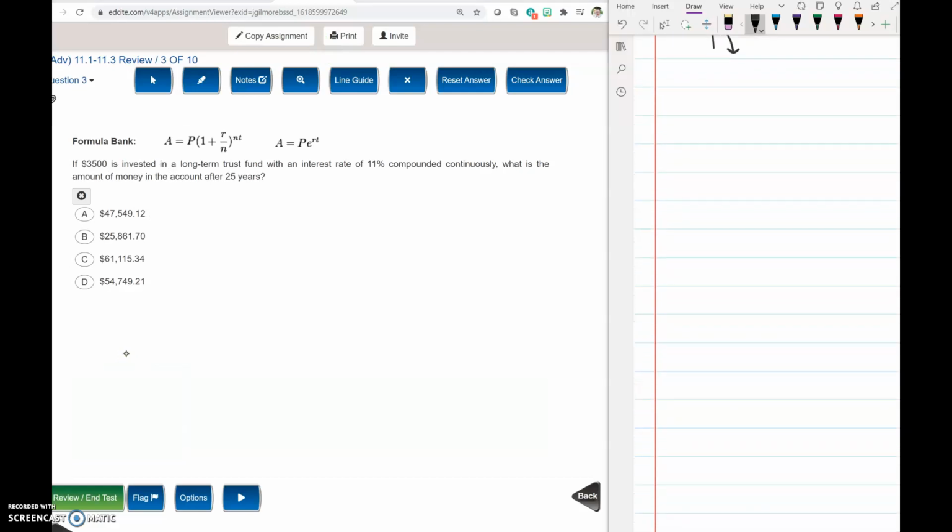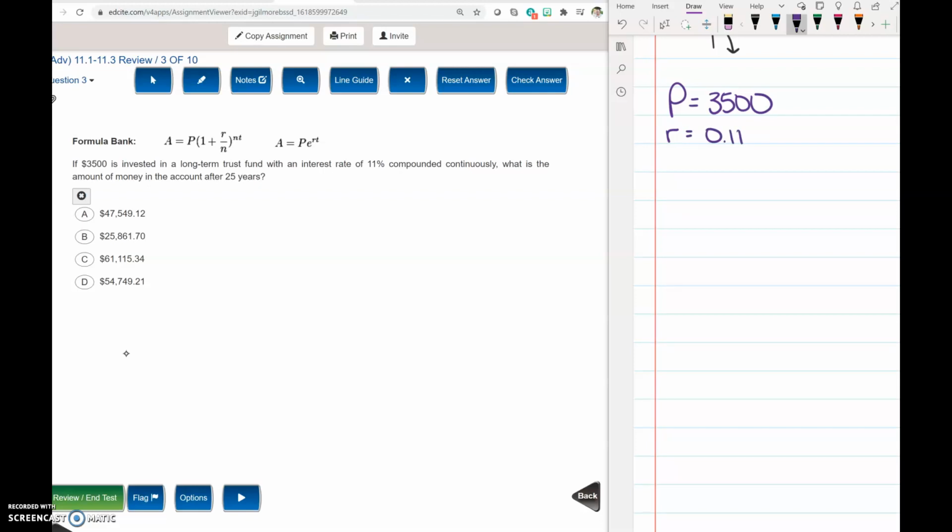Next, we are using some formulas. It says 3,500 is invested in a long-term trust fund with an interest rate of 11%. So our principal, our starting amount, is 3,500. Our interest rate is 11% as a decimal, that's 0.11.